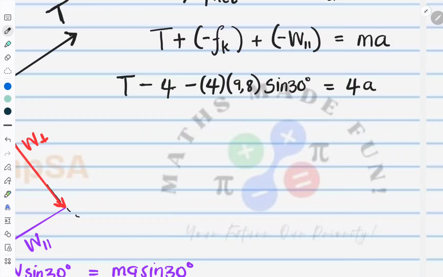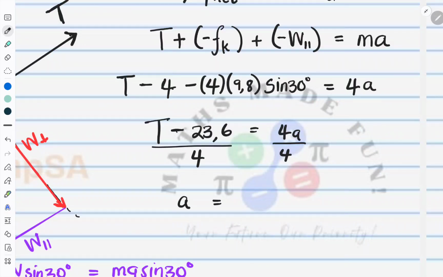So whatever answer you get here, you'll then make a the subject. So you'll have minus 4 sine 30. Here what will happen is you'll get T minus 23.6, this is what I get, is equal to 4a. Then you can just divide by 4 both sides so that you make a the subject.